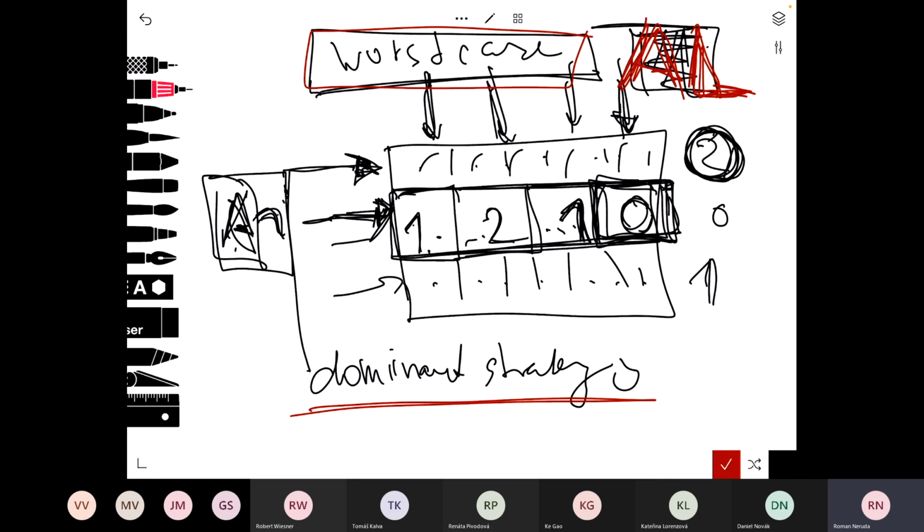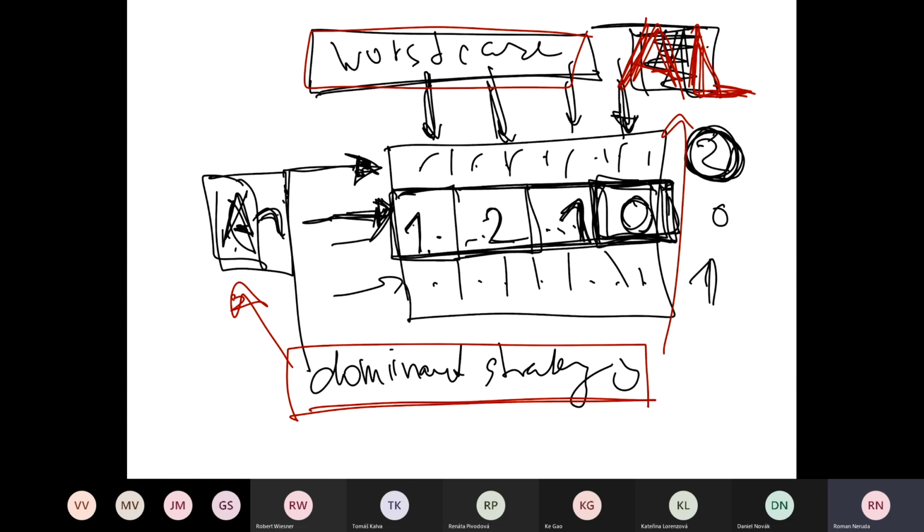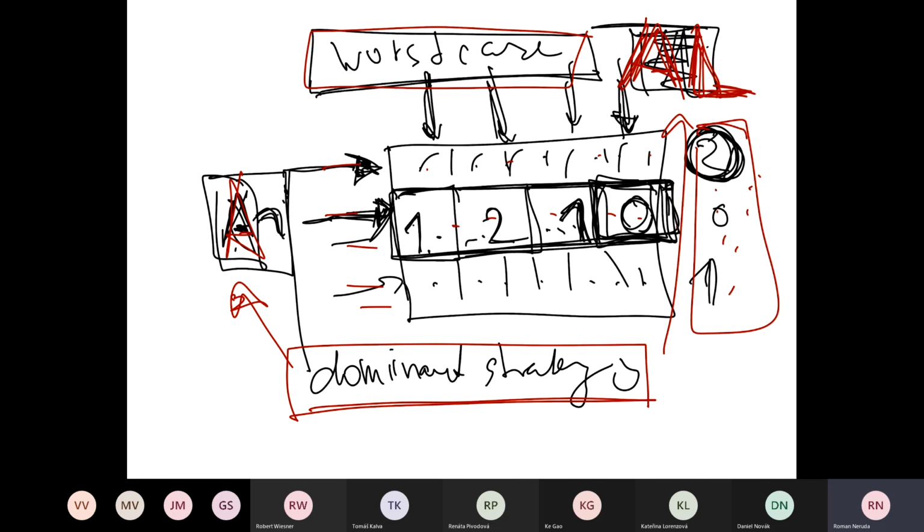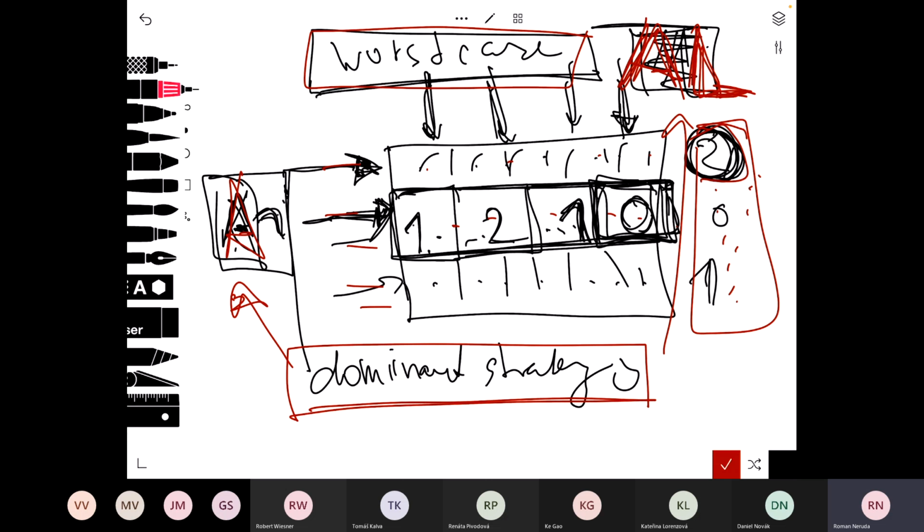And the dominant strategy is the one that provides you the best outcome considering all possible moves of your opponent, right? So that's the dominant strategy for you. So Alice is observing those outcomes, doing minimum here, and then doing maximum on the minima here. And the maximum is the dominant strategy, right?